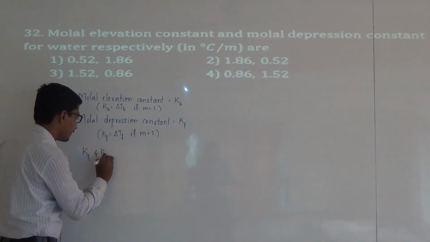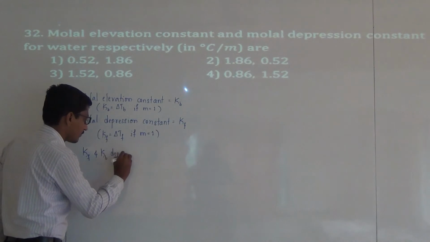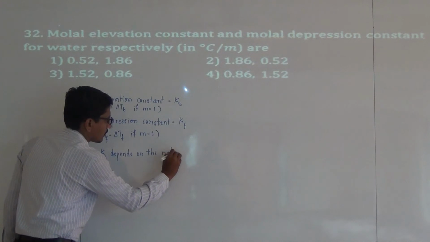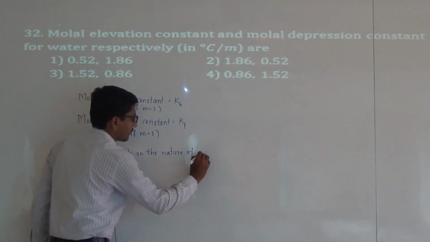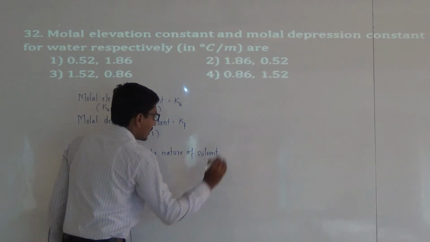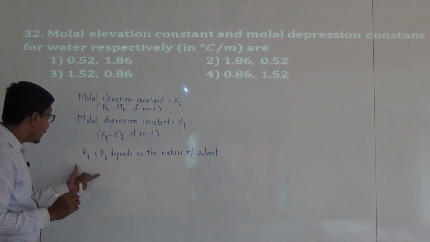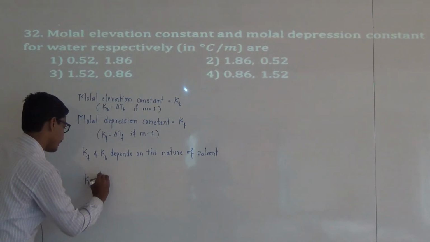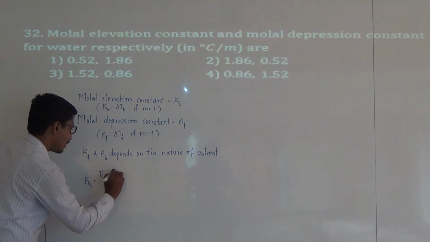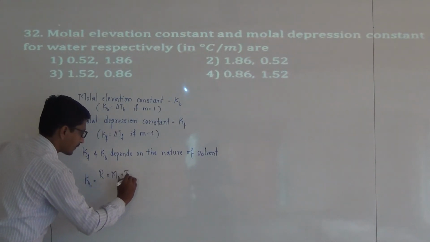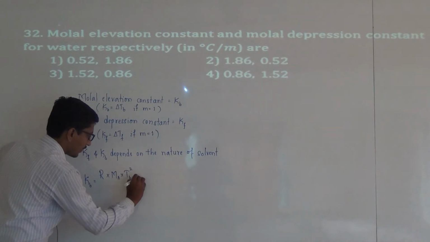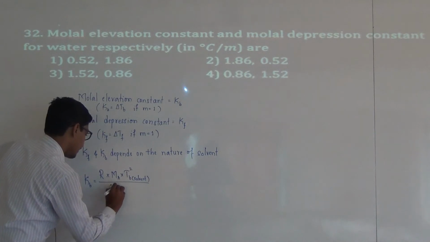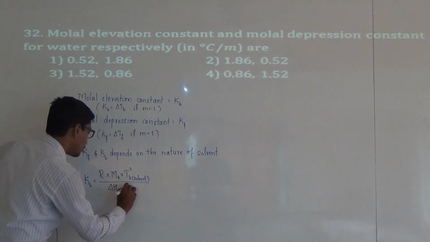Kf and Kb depend on the nature of solvent, and these can also be determined by using a formula. Kb is equal to R into Ma into Tb square for solvent divided by delta H vaporization into 1000.